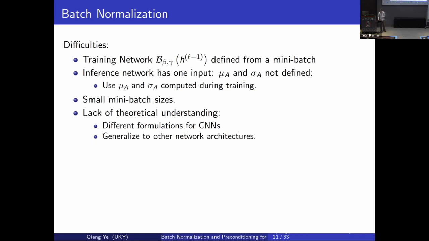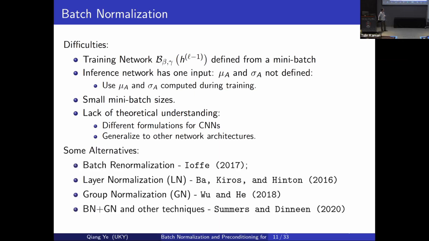Also, as I mentioned, it's not well understood theoretically. Then another problem is that when you generalize that to other networks, like RNNs, the batch normalization has to be done slightly differently. Okay, I'll mention that a little bit later.